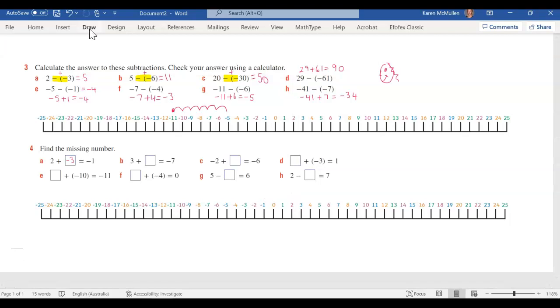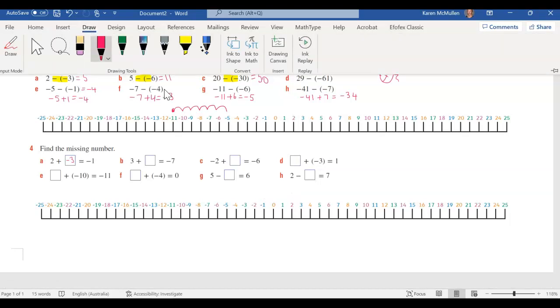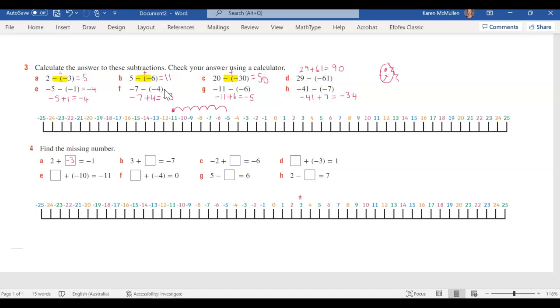All right, the next one, we're going to start at 3. And we are facing the positive direction, so facing that way. And we're going to go to negative 7. So 1, 2, 3, 4, 5, 6, 7. So 3, whoops, what am I doing?